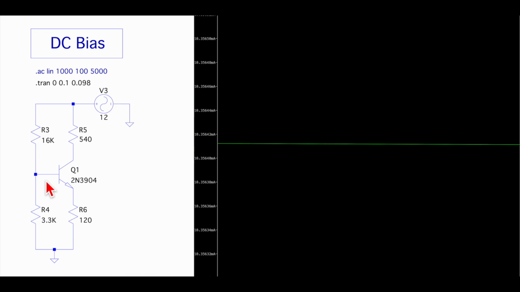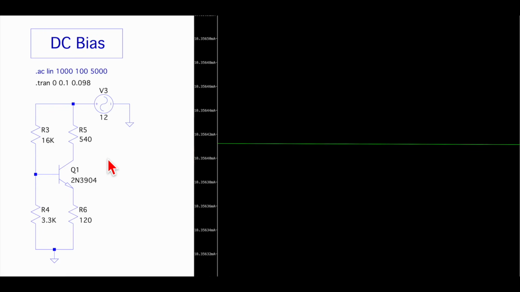It's more than that. That's because we were calculating our base current based on a beta of 173, and that would give us a base current of, I think it was 57.8 microamps.